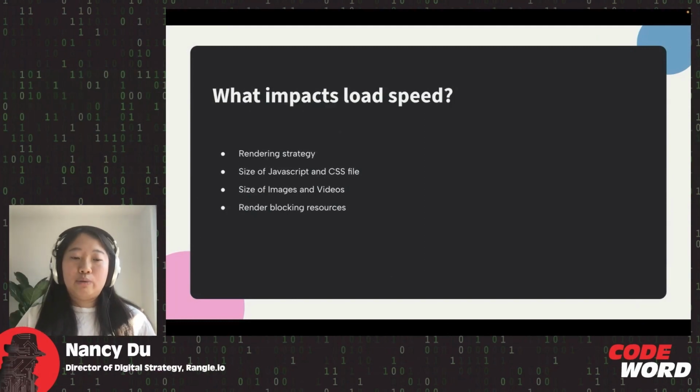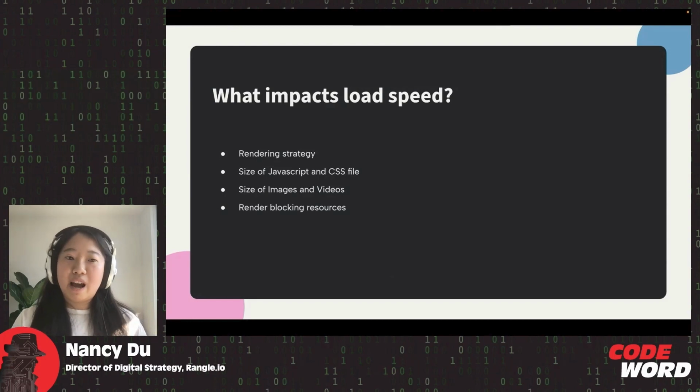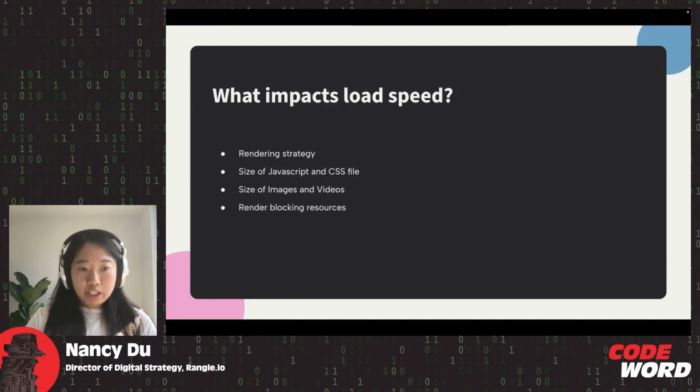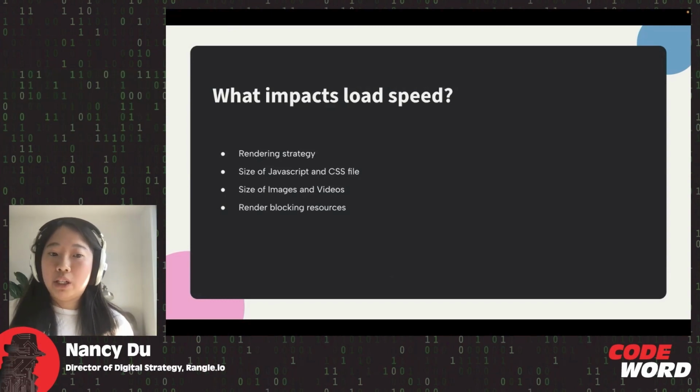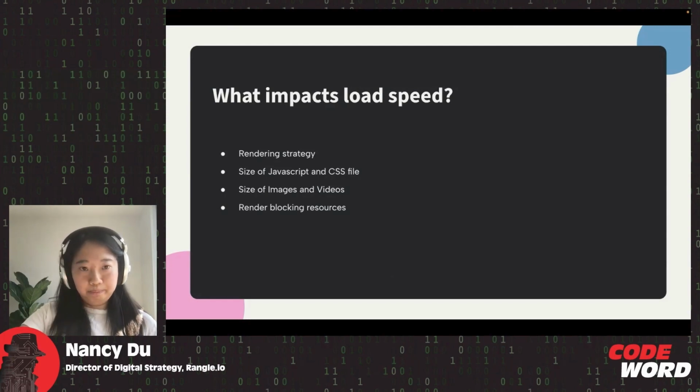There are many more ways that you can optimize, but these are the 4 key things that I've found over the years have the largest impact. 1 is your rendering strategy. 2 is the size of your JavaScript and CSS files. 3 is the size of your images and videos, and 4 is any render blocking resources.